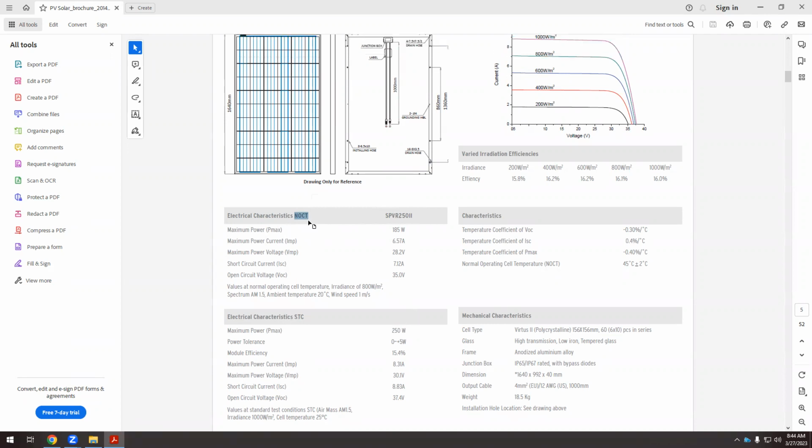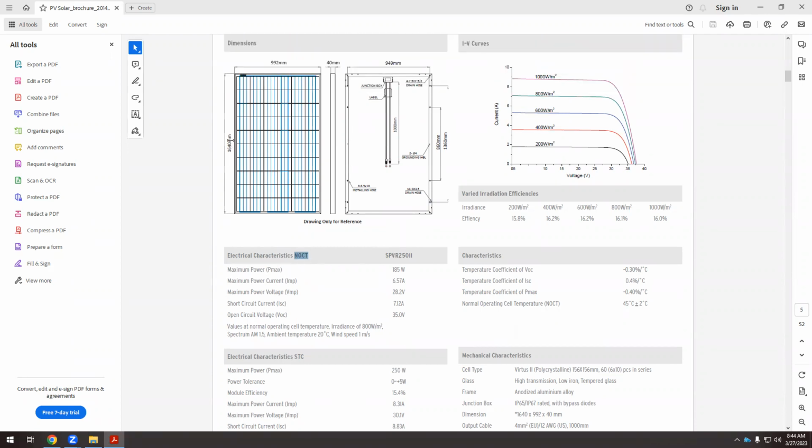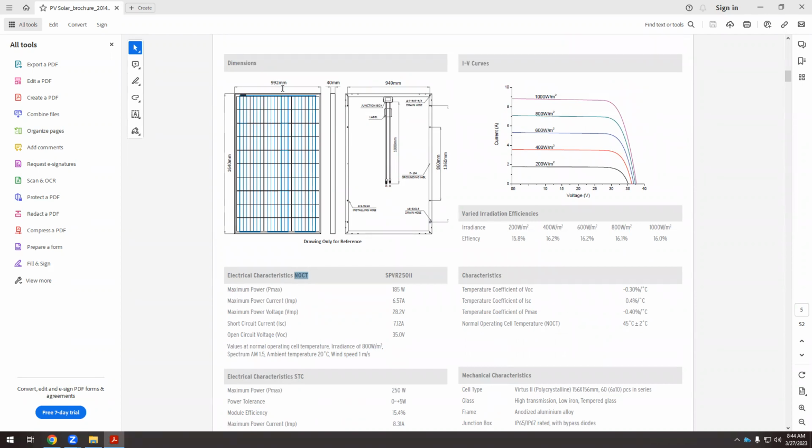So what are the factors here? This panel is 1.6 meters, around 5 feet, by 1 meter, around 3 feet. So we have 1.15 square feet of area, and the PV production under these NOCT conditions is 185 watts.